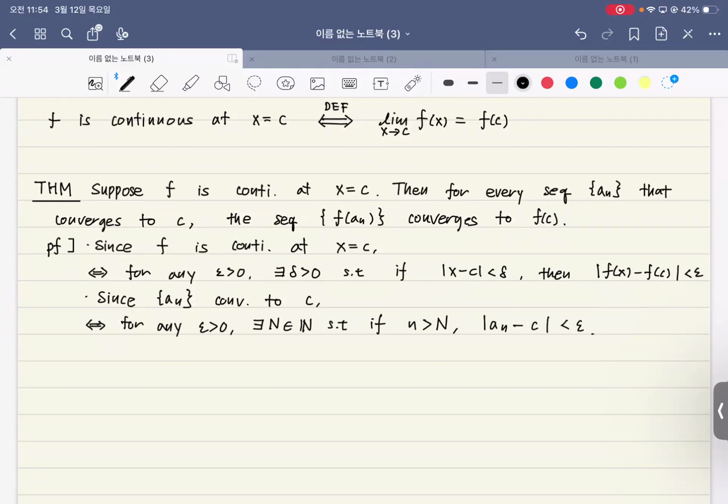So we have these two conditions. Now I have to combine them so that I can prove that this is converging to f of c.